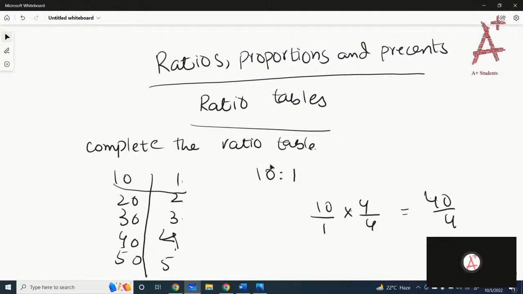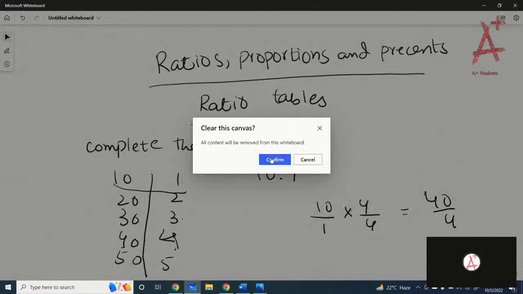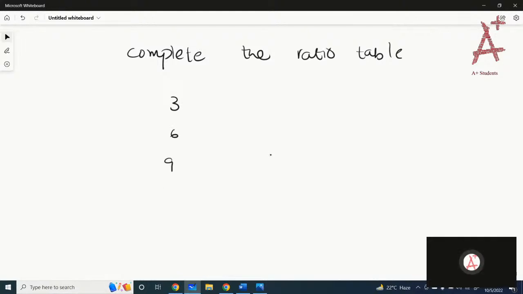Okay, let's do another example. We have to complete the ratio table. It is 3, 6, 9, 12, and 15. It would be 4, 8, 12, 16, and a missing number.